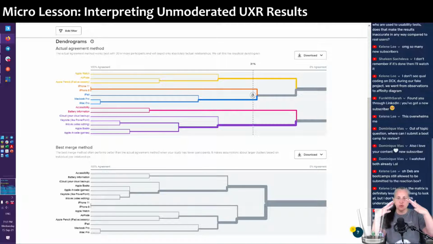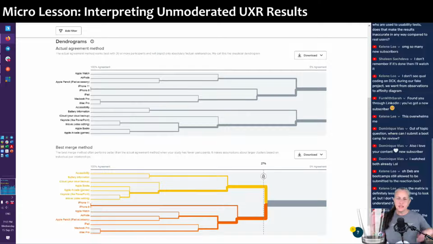These tree branches come together, which are your dendrograms, and so you can see how these come together and start to form a tree. So you can almost see how you might have a devices category, and maybe iPhone is a subcategory, and you've got your 8 and your 11 and something else, and maybe iPad is its own thing because it's a tablet, and then maybe MacBook Pro and iMac Pro are that.